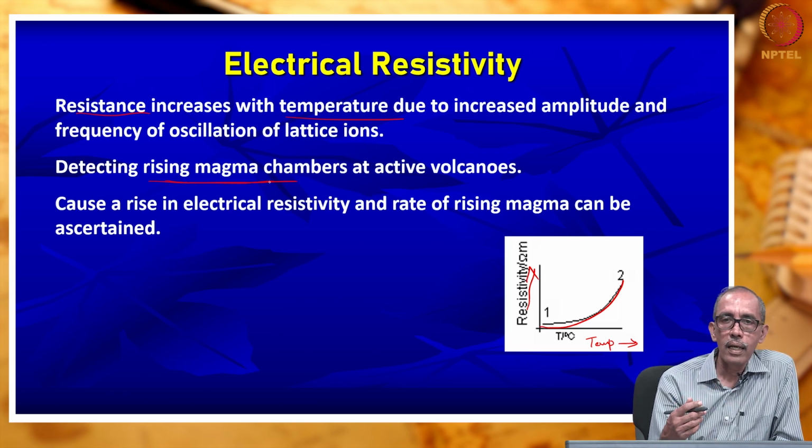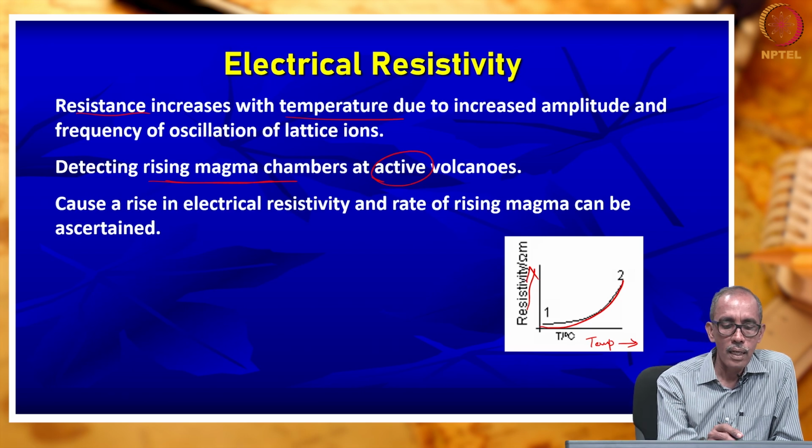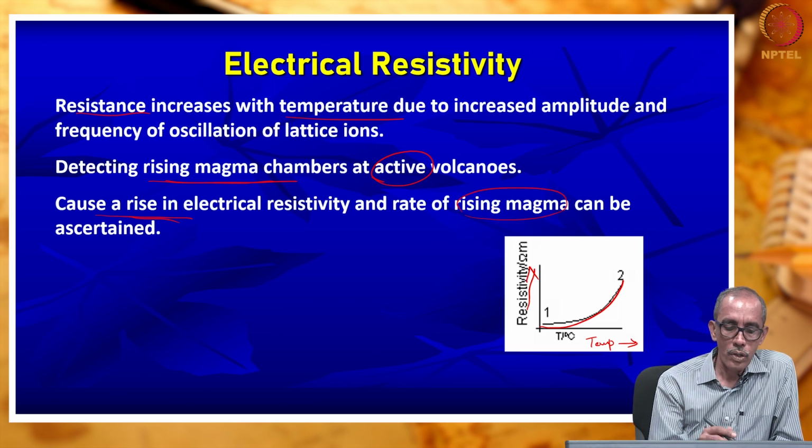That means, whether the dormant volcano is getting activated? Can we check that? Yes, we can make use of the electrical resistivity method, because the rise in temperature will result in a rise in the resistivity, because when the rocks are beginning to melt, the resistivity is going to increase.